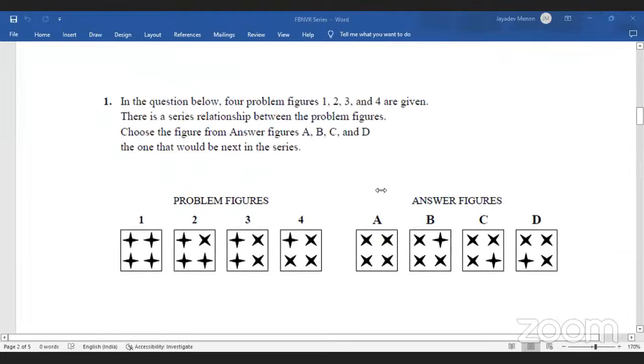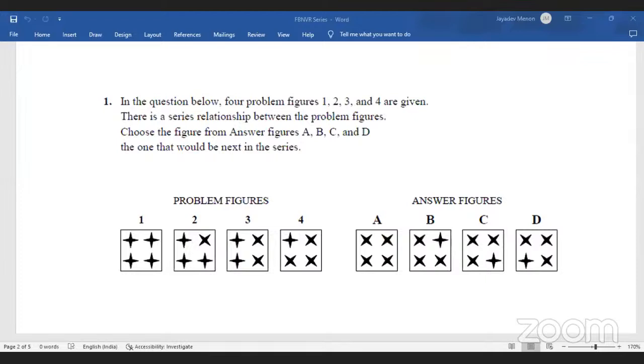So this is our first question. While doing figure-based reasoning, there is no need for so much thinking. Actually, figure-based reasoning tests our observation capabilities. So we need to just observe the figures, and by looking at the figures, we will get the answer.